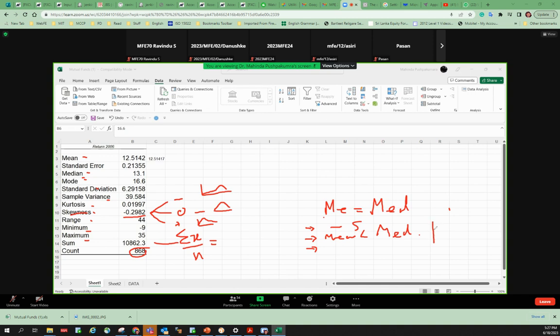Then you can give one more reason. One more reason. You can give one more reason to prove that the distribution is left skewed.